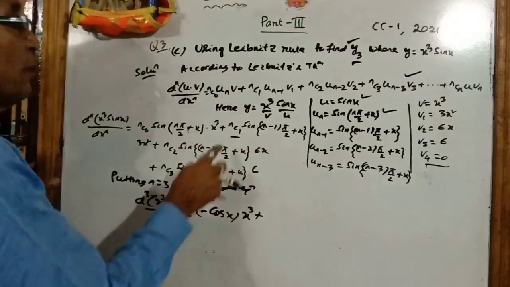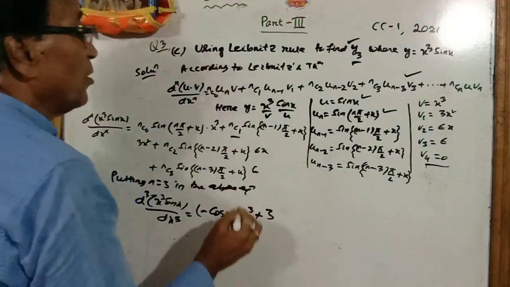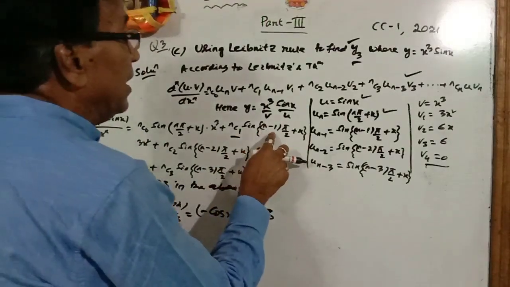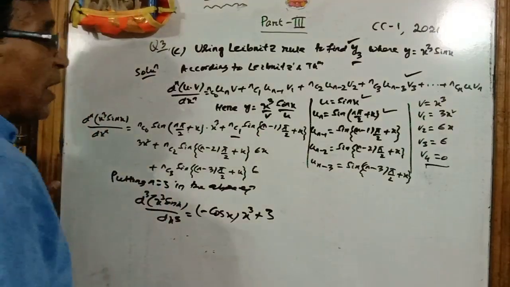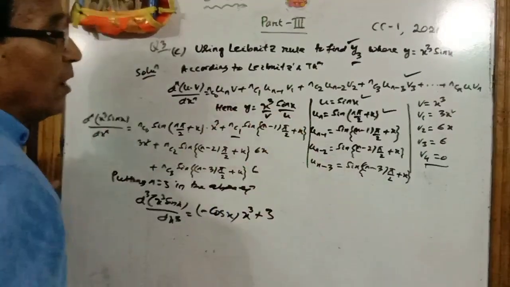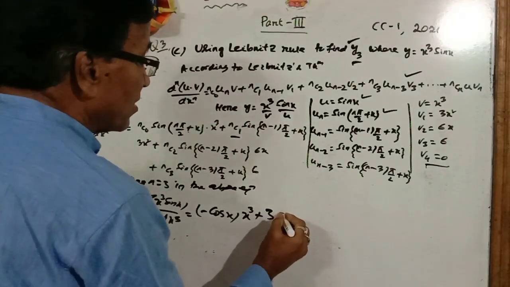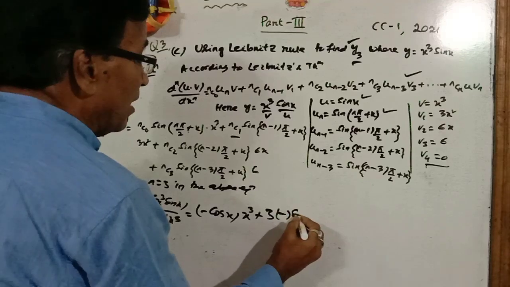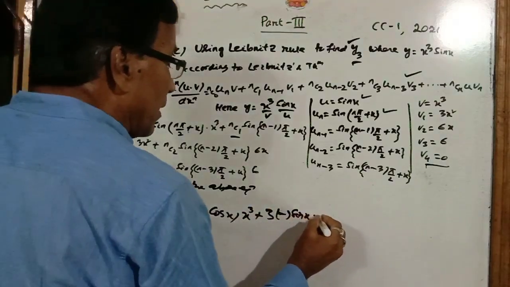Plus 3C1. Putting n is equal to 3, we are getting 3C1 is equal to 3, times sine of (3 minus 1) 2, that becomes sine of (π + x). Sine of (π + x) lies in the third quadrant, where sine is negative, so it is minus sin x, into 3x square.